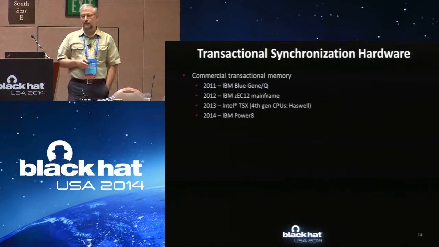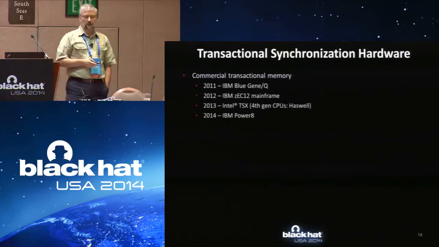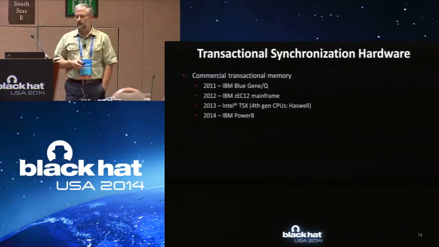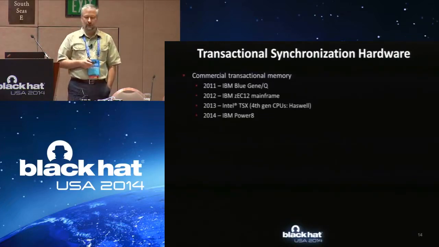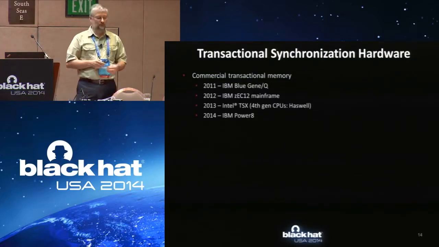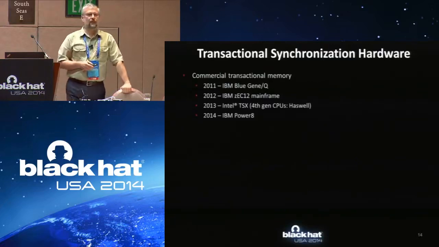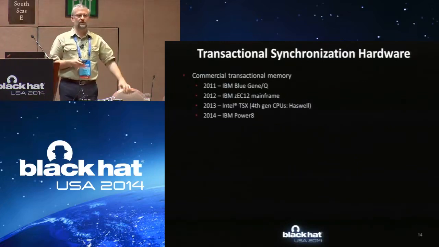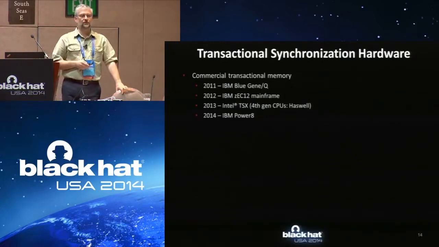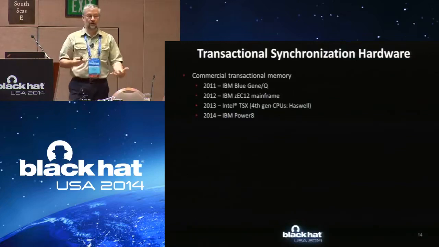Then they released the mainframe in 2012, zEC12, and Intel released the fourth generation CPU called Haswell in summer 2013, and that is what we have been experimenting with. IBM also released the POWER8 CPU just a little more than a month ago in June. And all these CPUs have transactional support. So separate threads can start writing to the same location, and there are mechanisms to resolve these problems if there is actually a conflict.